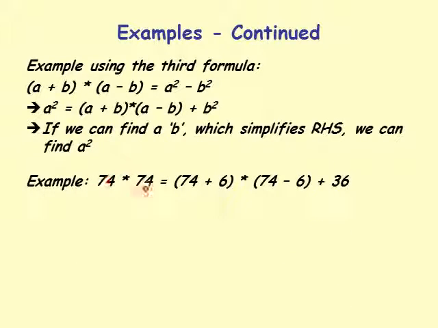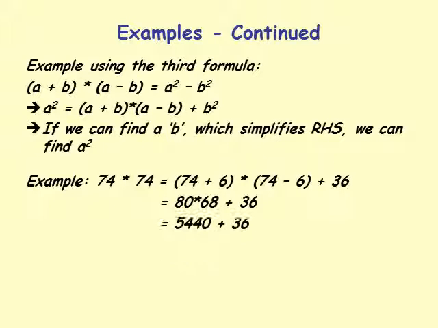Example: 74 times 74. We can do 74 plus 6, which is 80. I can multiply a number by 80 easily. Then a minus b is 74 minus 6, plus 36. So this is a plus b, I found a b of 6, and this is my b squared. This is a plus b, and this is a minus b, which equals 80 times 68 plus 36.